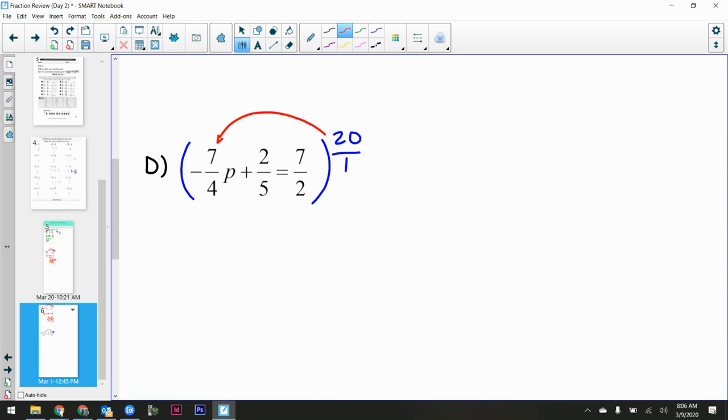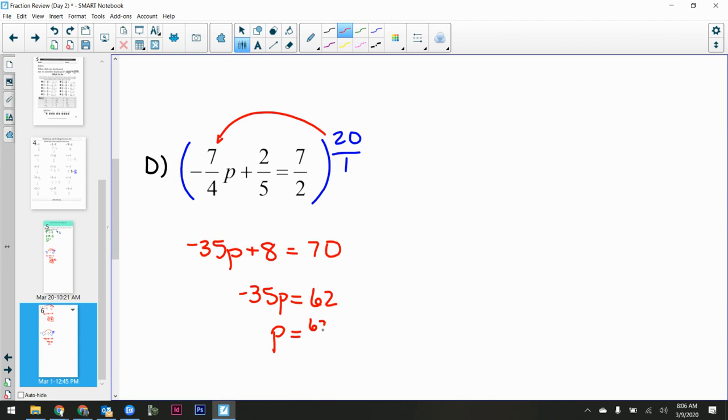Using the quadratic formula. So multiply through and divide out the 5 first, I get 4, so plus 8. Divide out the 2 to get a 10, so 70. Subtract 8. Ooh, this is weird, isn't it? Negative 35p is equal to 62.